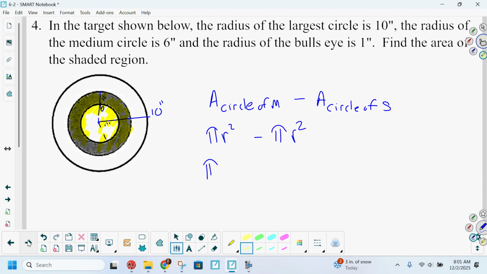The medium radius is 6, and the small one is 1. So we've got 36 pi minus 1 pi, so that'd be 35 pi. And everything's measured in inches, so this would be inches squared.